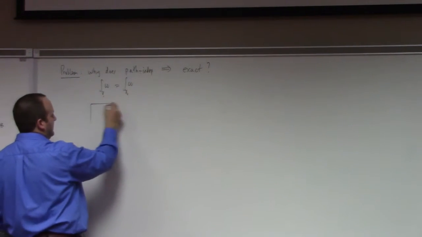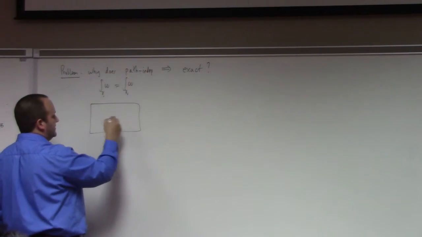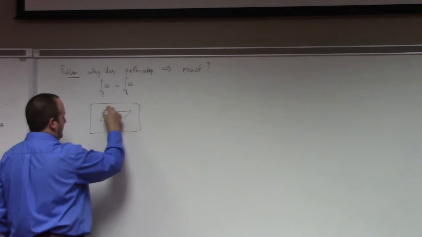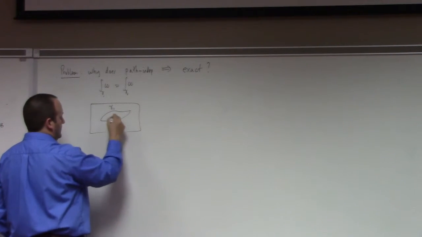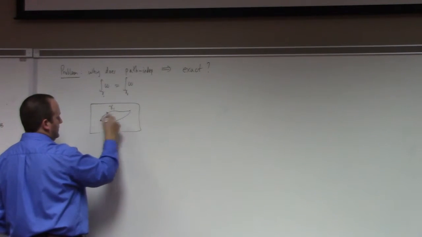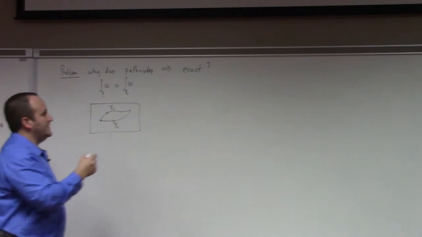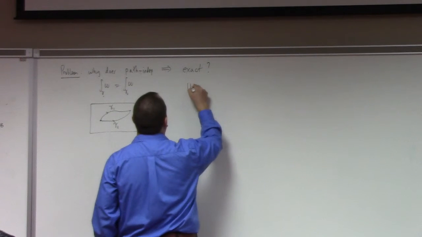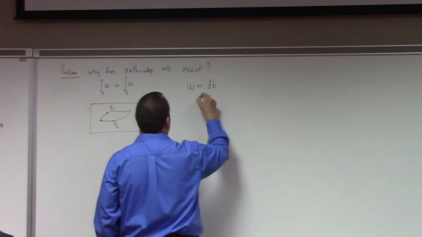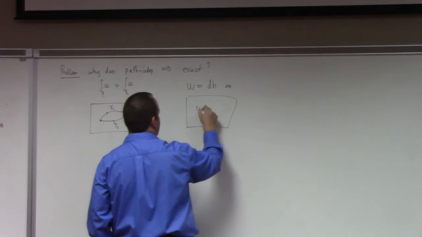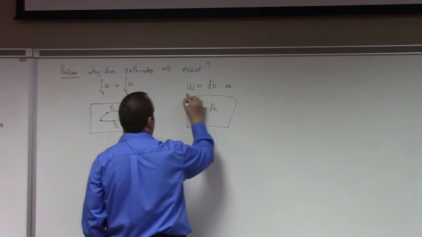So we're talking about some connected region. We have two paths, gamma 1 and gamma 2, and we get the same integrals, right? On the flip side, exact, what does that mean? That means that omega is equal to dh on the whole region.